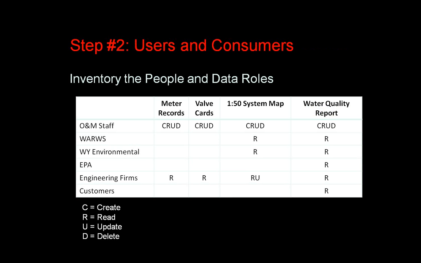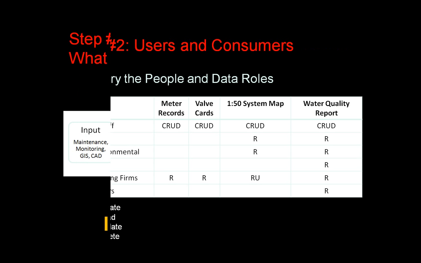So who has the authority to actually create those records? Who has the ability to read, update, and delete them? Those simple job functions. And what you'll find is most people are doing reading of that information. They're analyzing it. Very few people are actually creating or deleting those records. Some people might update specific fields, such as meter readings, etc., but they're not creating the actual meter itself.